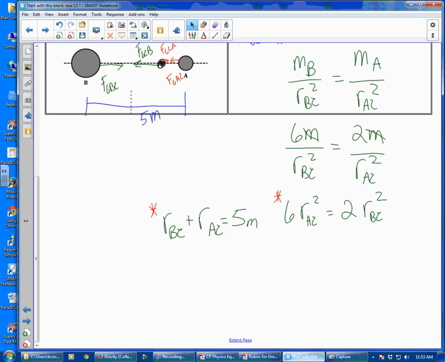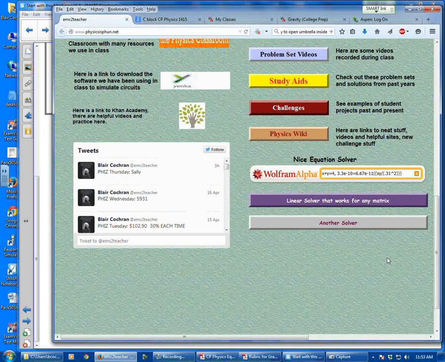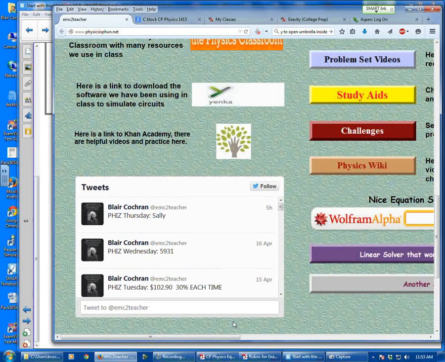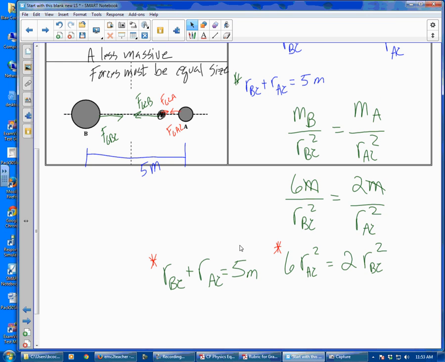So I could do my fun algebra skills and substitute, and do my mathy stuff. Or I can say, I know how to do math, but let me use Wolfram instead. Yeah, they told me that they were 500 centimeters apart.